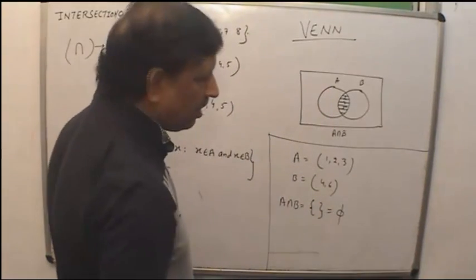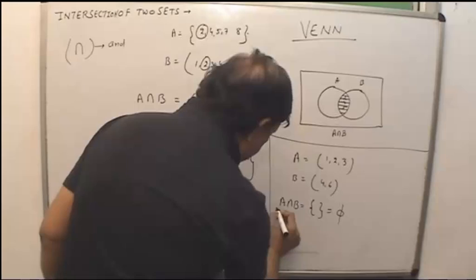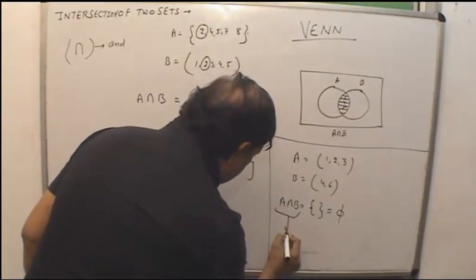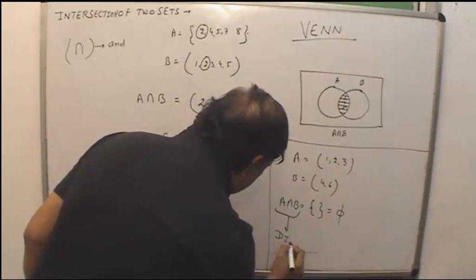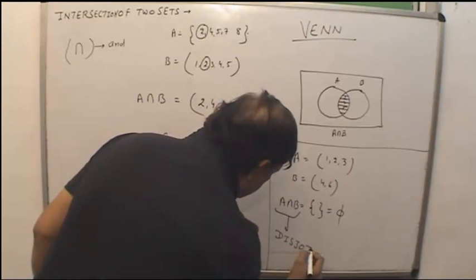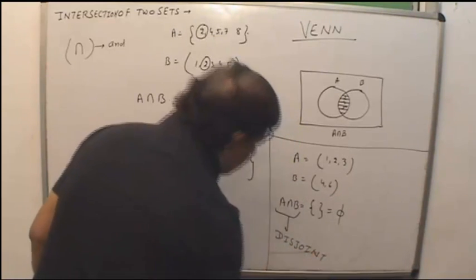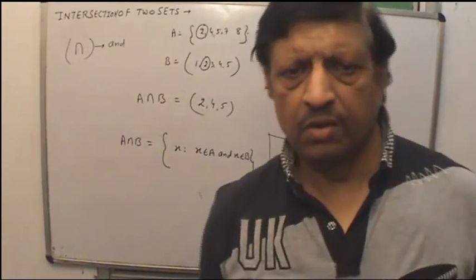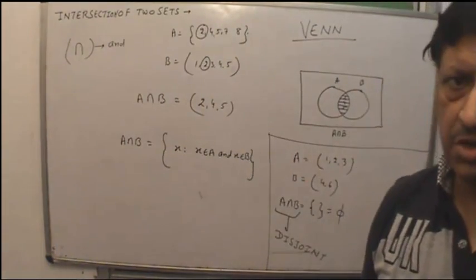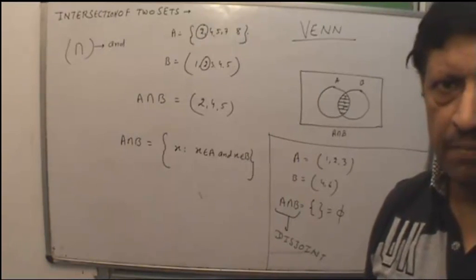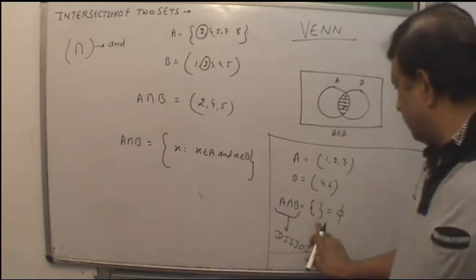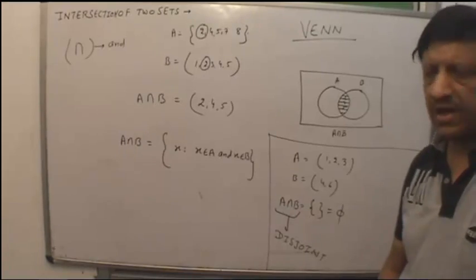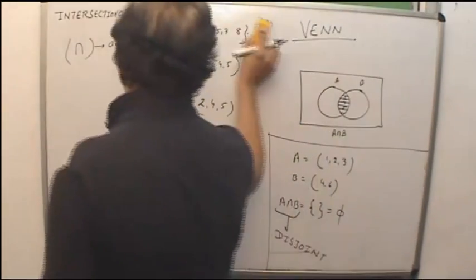Phi means null set. Such sets are called disjoint sets. Disjoint sets are those whose intersection does not contain any member. That is the void set or the null set.